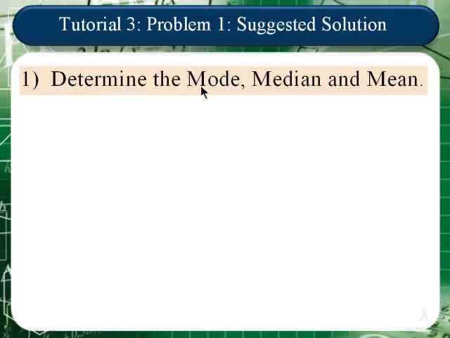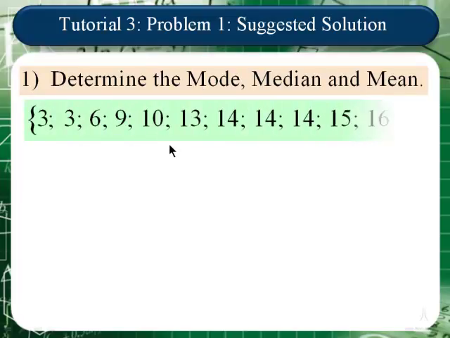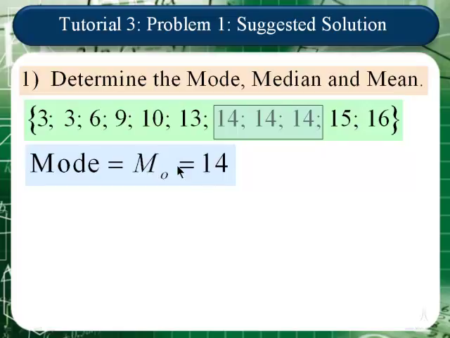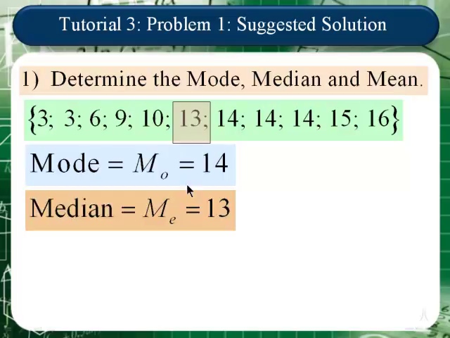Let us look at the suggested solution to problem 1 for tutorial 3. You need to determine the mode, median, and mean for the data set here. Clearly the observation 14 appears the most, and therefore the mode is 14, while the value 13 is the middle value. Remember, you can work out the rank.